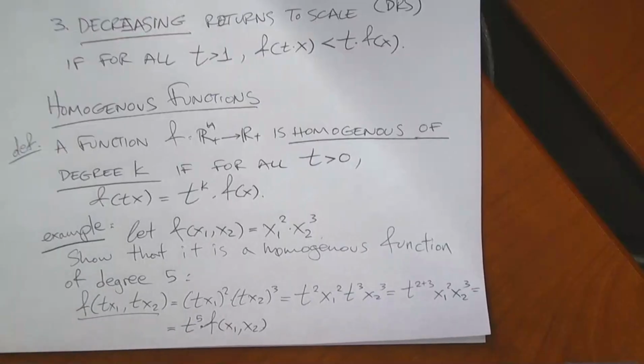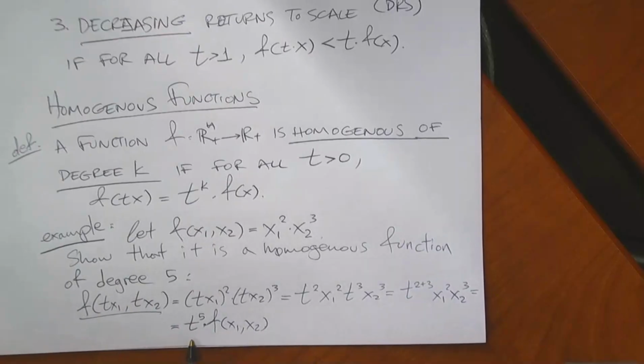We scaled up the function by a factor t. You say we doubled it, we tripled it, you increased it by 10 times, whatever that t is. It doesn't really matter. All that matters is that we have figured out that eventually the output of doubling, let's say, these amounts of inputs, is going to result in the original output that we would have had before we did anything to the amount that we're using for the inputs, multiplied by t to the power of 5.